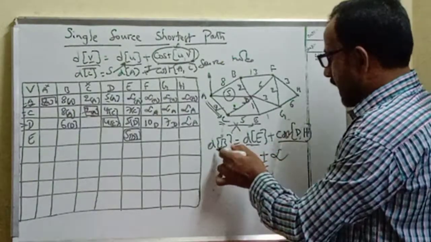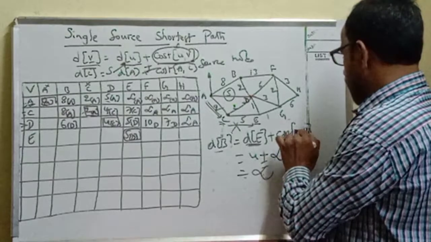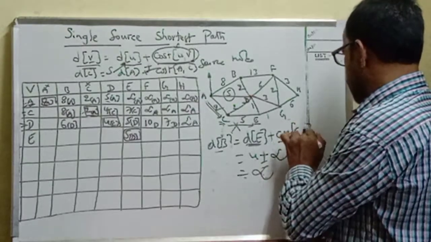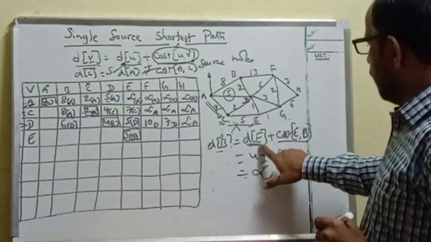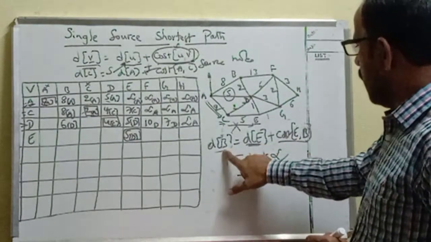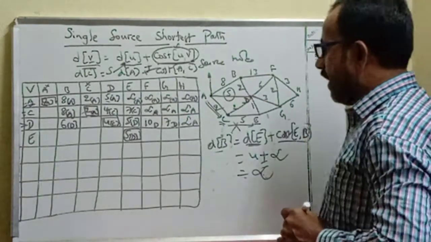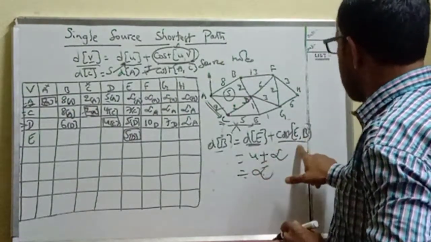Then D of B equals D of E plus cost of E comma B, because E is the intermediate node. Whatever the node number there, you are supposed to take the second node number here. So what is D of B now? D of B equals D of E plus cost of E comma B.